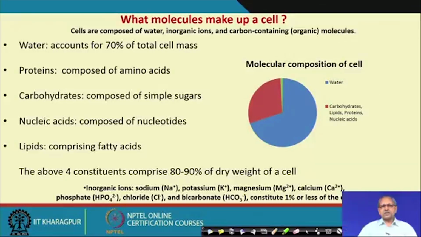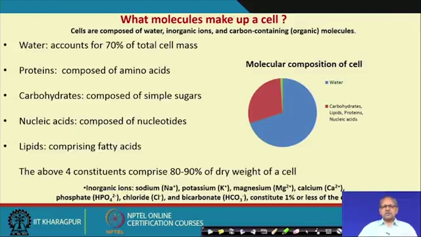If we look at the dry weight of the cell, around 50% of the dry weight is protein, whereas DNA comprises only 3%, RNA is around 20%, lipids are around 10%, and the remaining percentage comprises carbohydrate, minerals, etc.